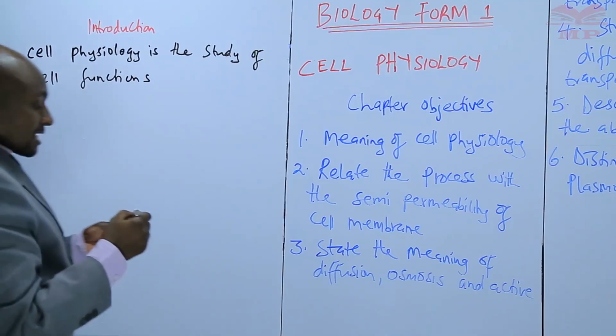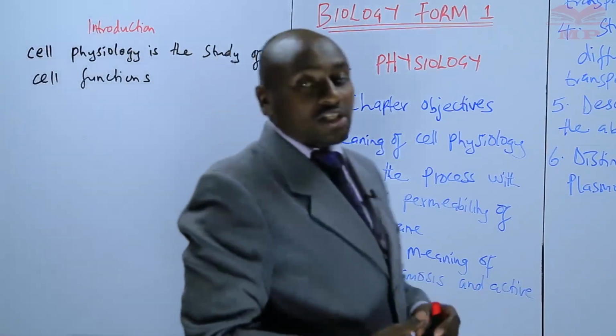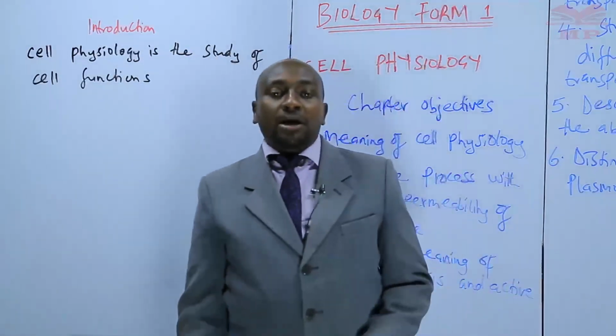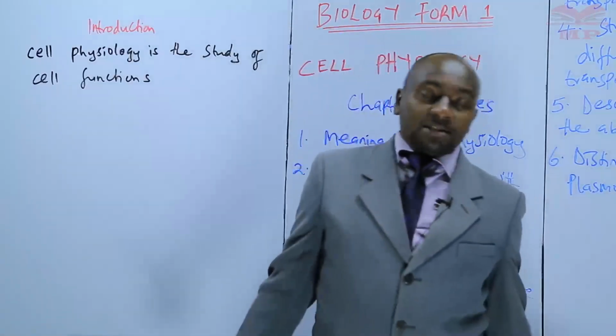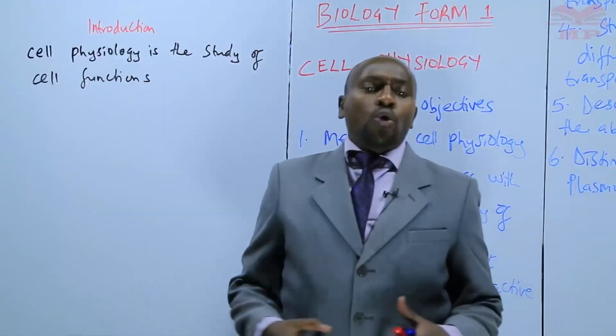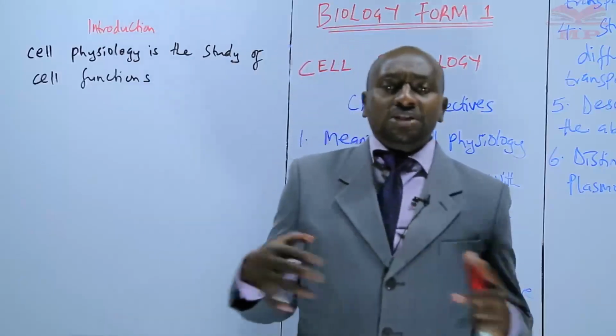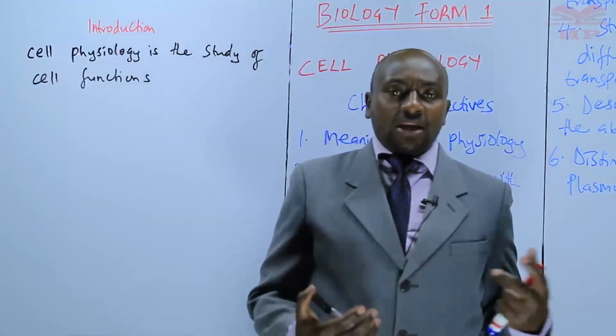And of course, in a cell, we know that we have different structures. We have the cell membrane, we have the mitochondria, we have the chloroplasts, if it is a plant cell. So we need to understand how those structures function within the cell.